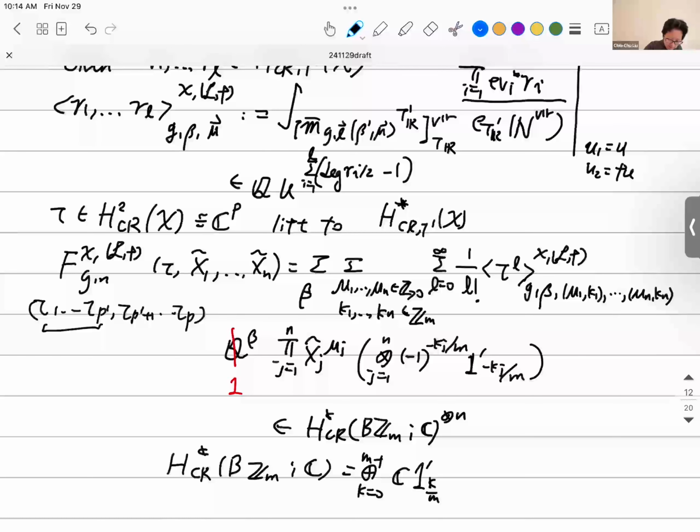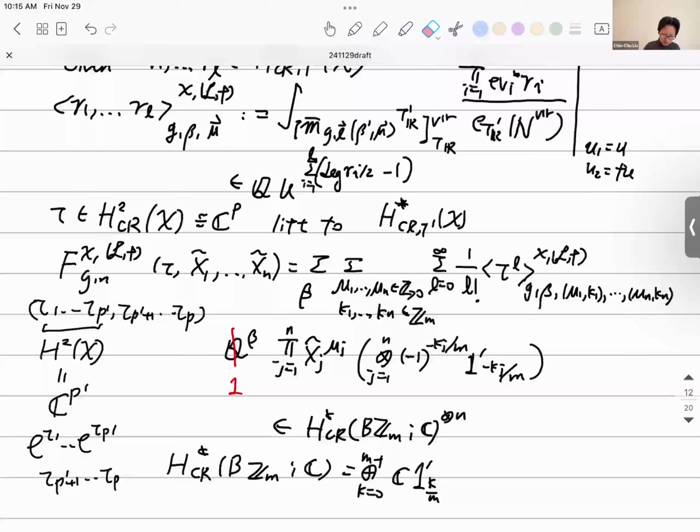These are the parameters associated to the untwisted sector, which we assume is like some p prime. If you are in the smooth case, p prime is equal to p. And then this will depend on e to the tau 1 to e to the tau p prime, and tau p prime plus 1 to tau p. Right now we can view them as formal power series of these variables.